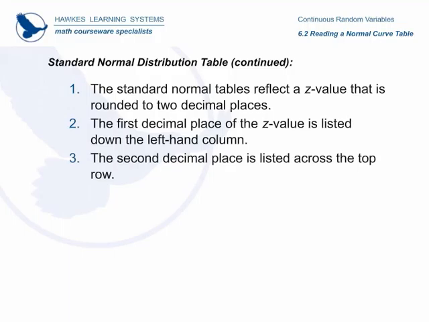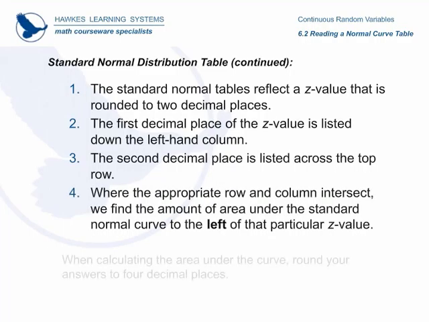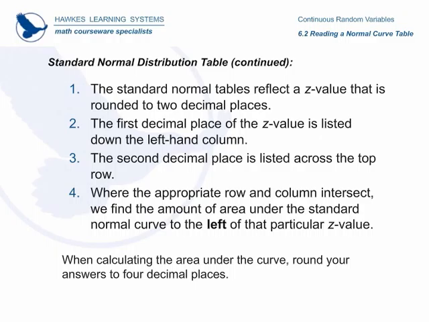The second decimal place is listed across the top row. Where the appropriate row and column intersect, we find the amount of area under the standard normal curve to the left of that particular z-value. So when calculating the area under the curve, be sure to round your answers to 4 decimal places.